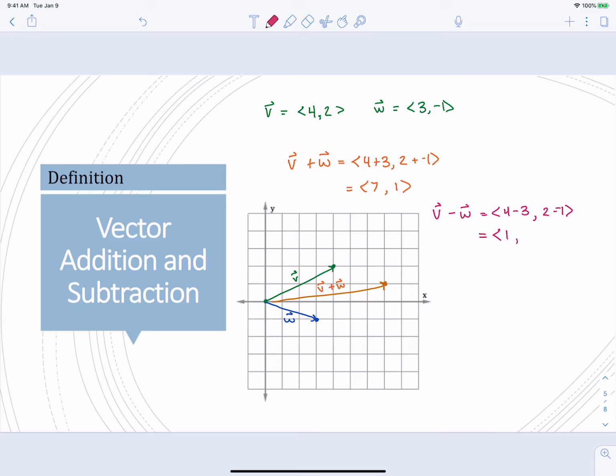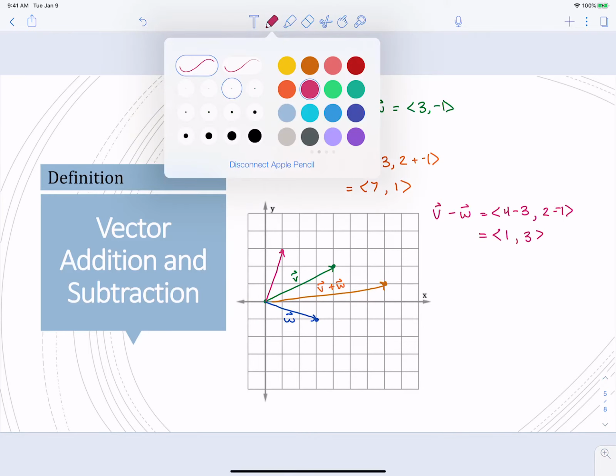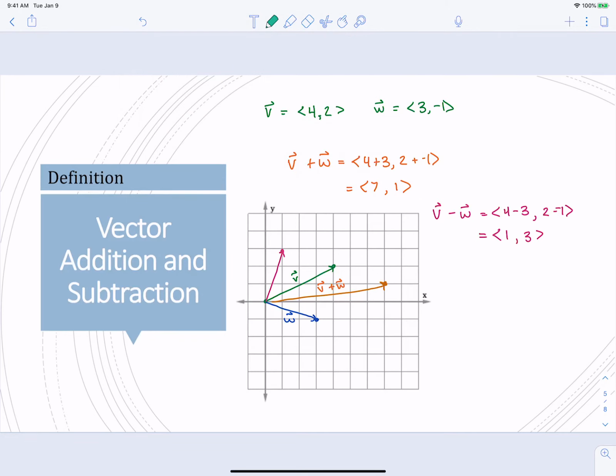So we get positive 1 and positive 3 when we subtract them, and that goes up here like that. Now take a look at this vector right here. If we go from the end of v and go the opposite direction as w, so same length but opposite direction, we get to this vector right there. Very cool.